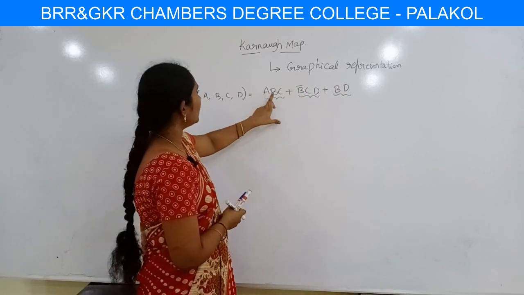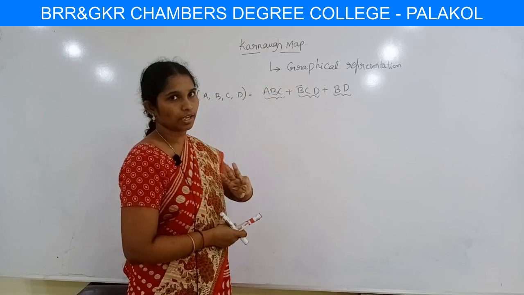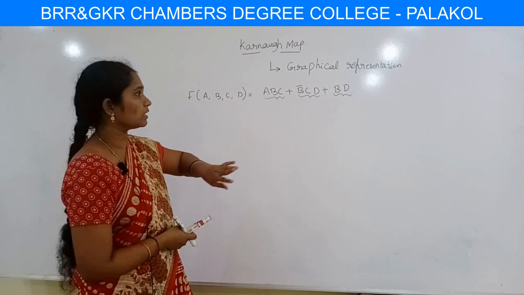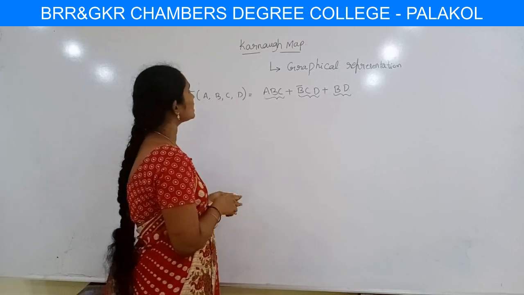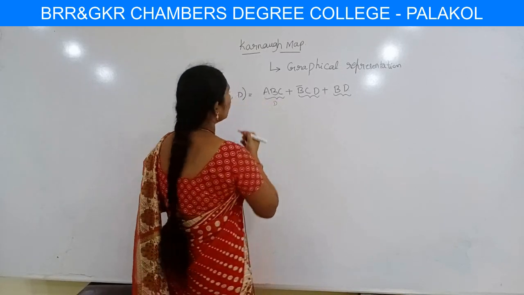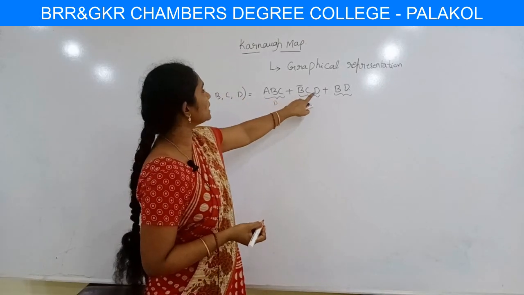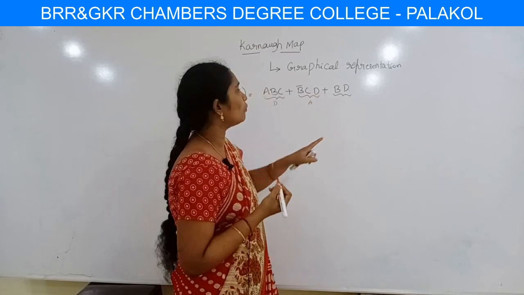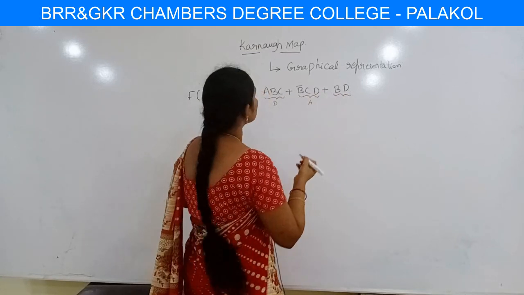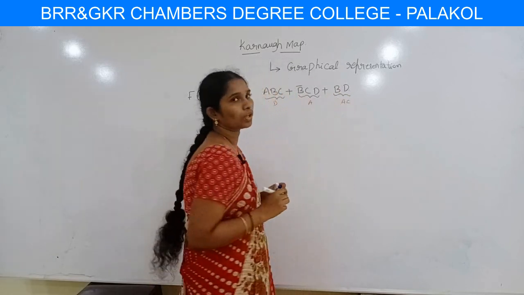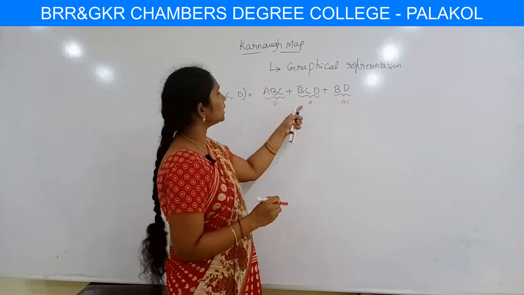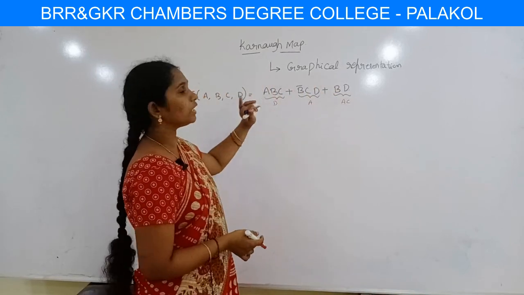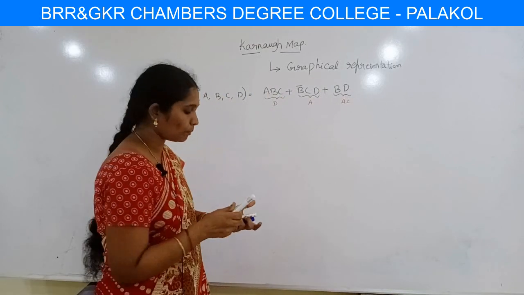For example, in ABC only 3 letters are there, but actually there are 4 variables, so the missing letter is D. In B bar C D the missing letter is A. In BD the missing letters are A and C. First you have to identify these, and after that the total expression is converted into standard form.